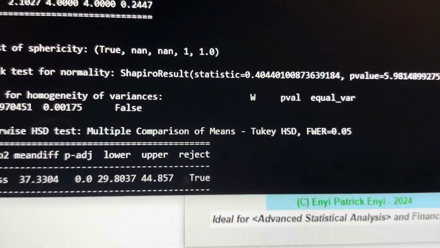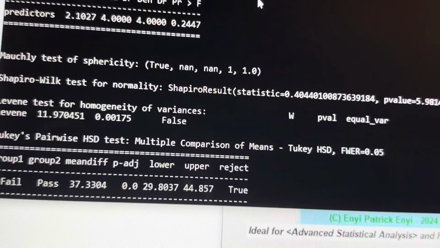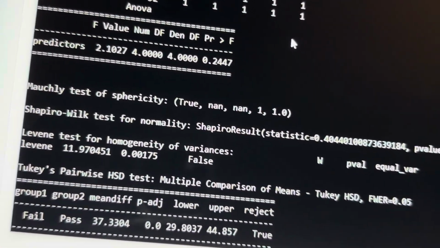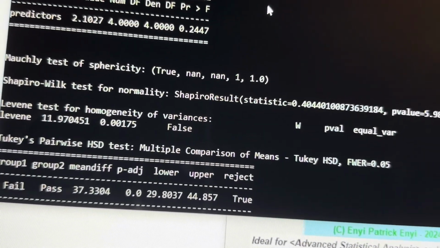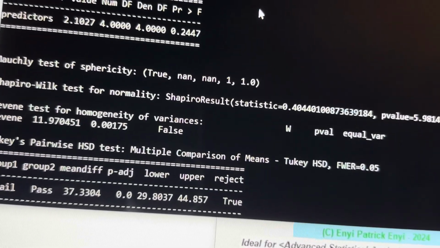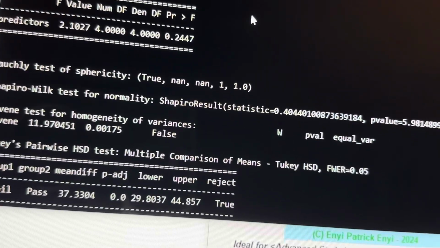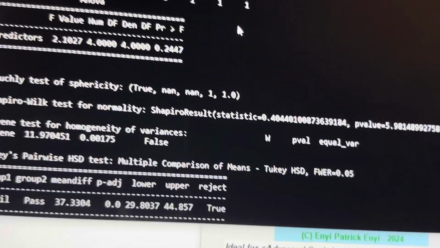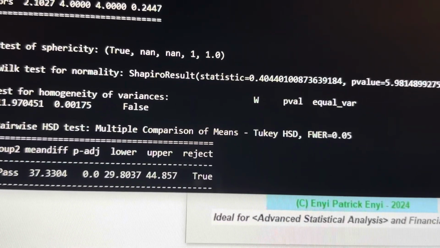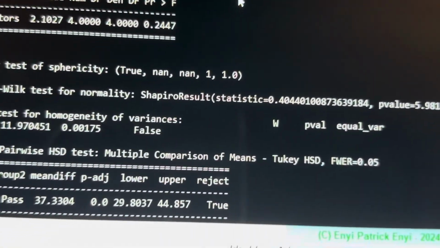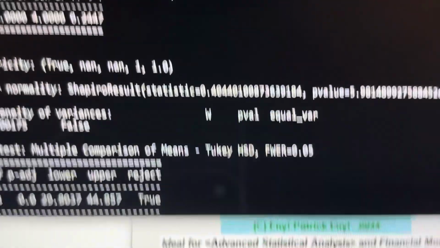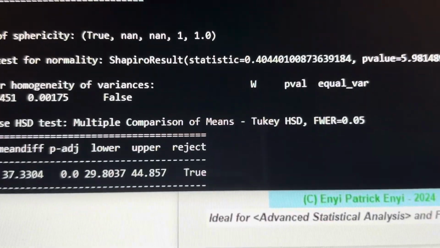And then we also have Levene's test, like the other one too. In this one, Levene's test statistics. The Levene's test itself is the W. The W test for the Levene's test is 11.970451, while the p-value is 0.00175, which is very, very significant. And then the equality of variance assumption is said first, that they are not equal.